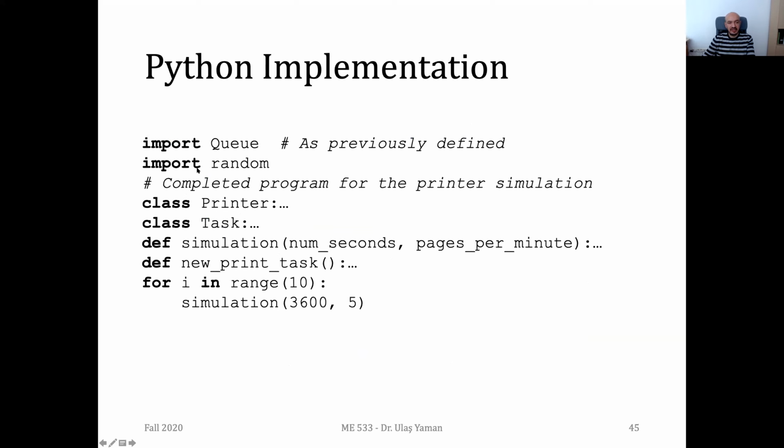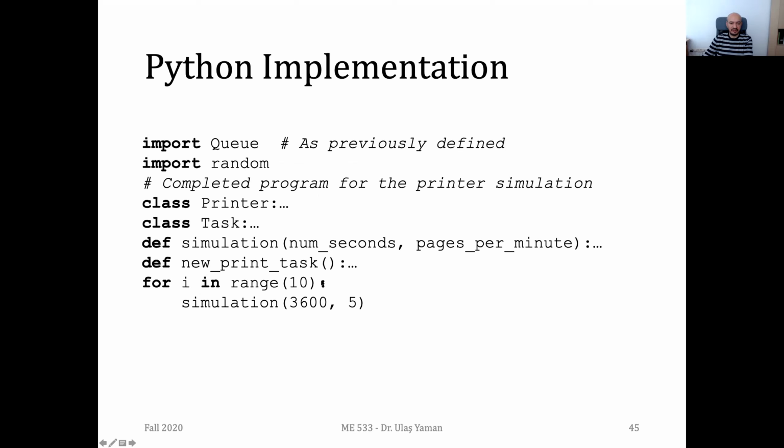This is a summary of it. We have a queue class. We import random for generating the number of pages. Then we have already written the printer class and task class. We do the simulation. We have some tasks generated for the simulation, and then we run it.